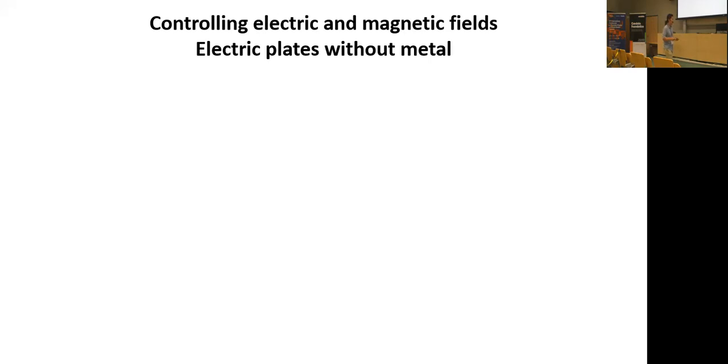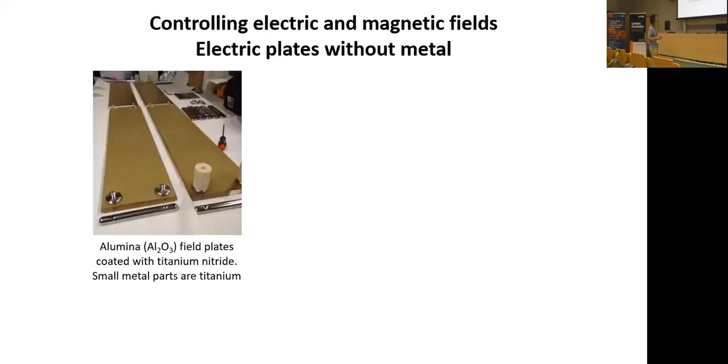But the challenge here is the magnetic Johnson noise. In metal, the electrons can move freely, and that thermal motion generates magnetic noise, which is a problem for us. So we made ceramic electric field plates.